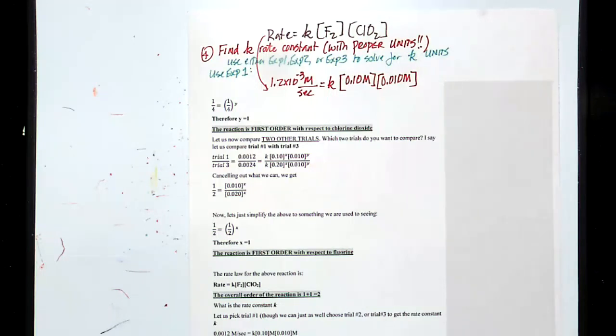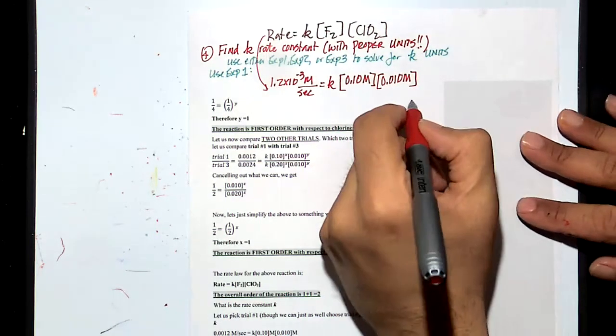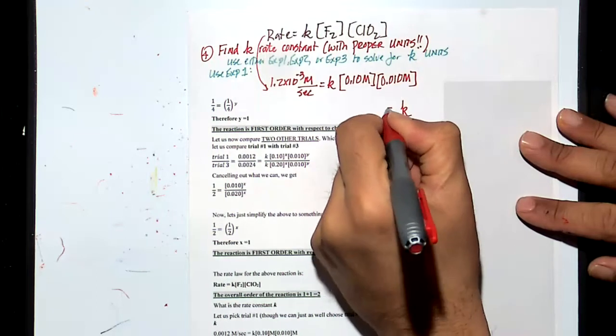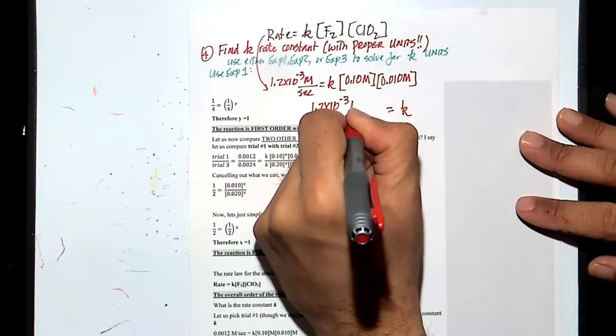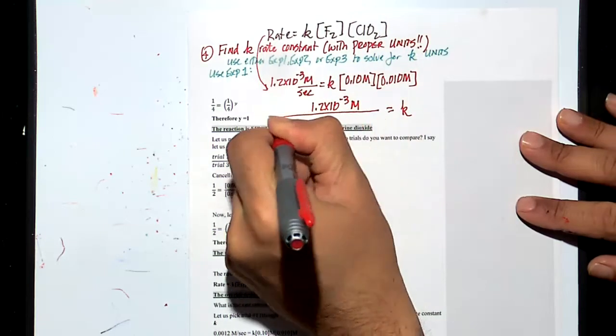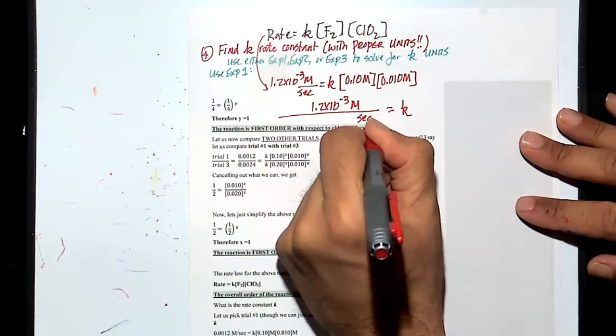All right, this is another scenario that's ripe for math mistakes. So you see this 0.1 times 0.010. I'm going to move it down and isolate my k. This is just algebra. So 1.2 times 10 to the minus 3 big M, I'm going to keep moles over second.